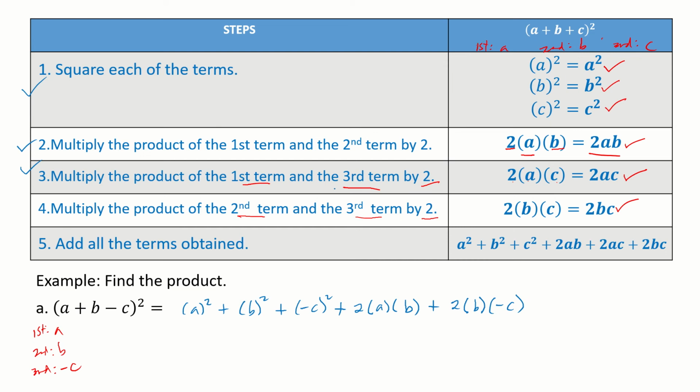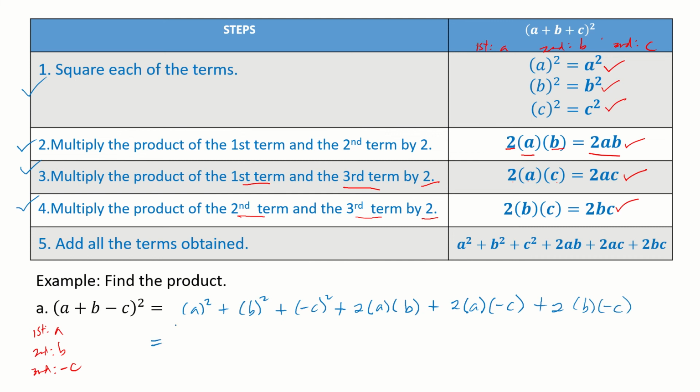Sorry, we're still on first times the third. So 2 times A times negative C. Then, fourth step, multiply the product of the second and the third term by 2. So still there's a 2. So 2 times second term, third term.